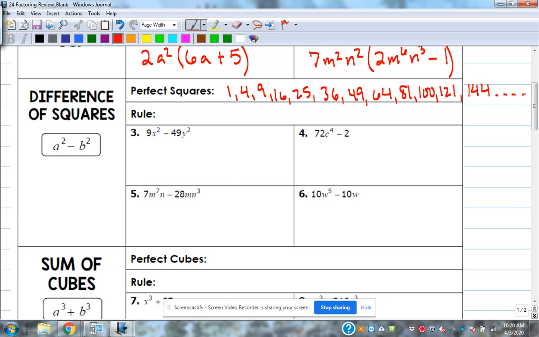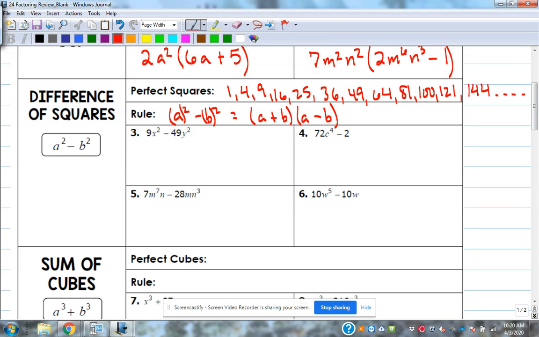So you're looking for numbers like that to be a perfect square, to be differences of squares. The way differences of squares works, you can rewrite it as something squared minus something squared. Then the factors are real quick and easy. One's a plus and one's a minus, but the terms are the same.